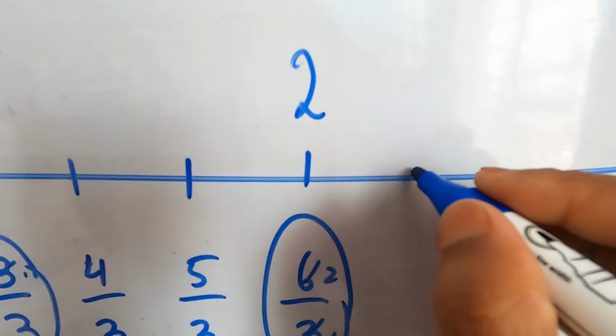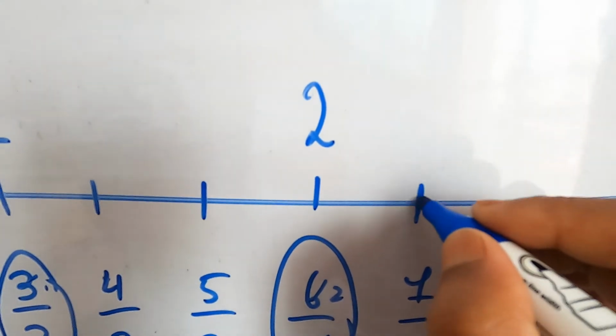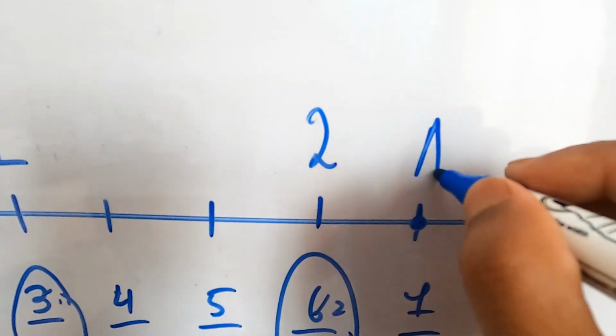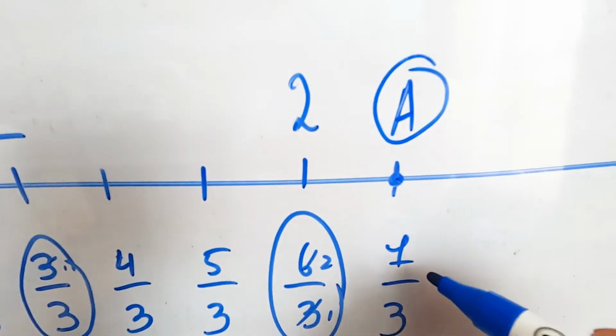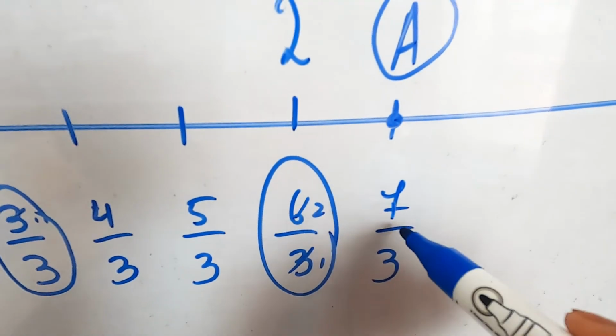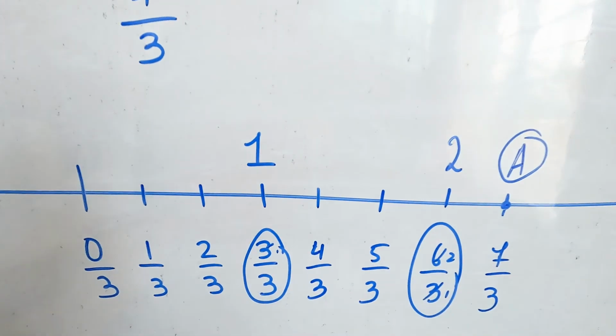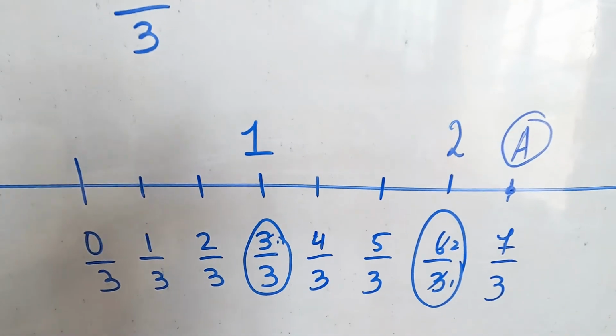Then we have the last one, 7 by 3. So we name this as A. This is how we will represent 7 by 3 on the number line system. So this will be your answer.